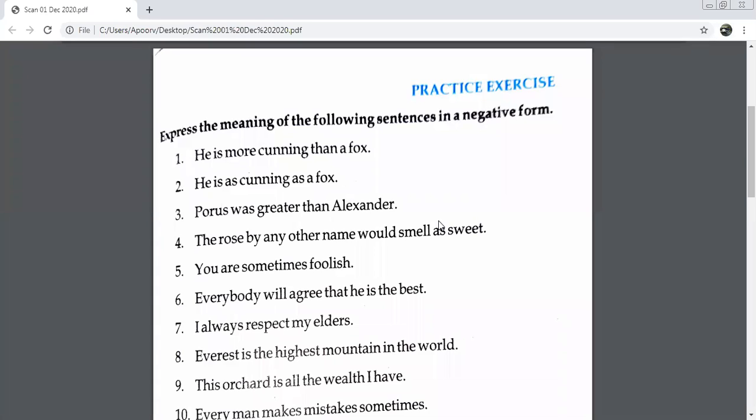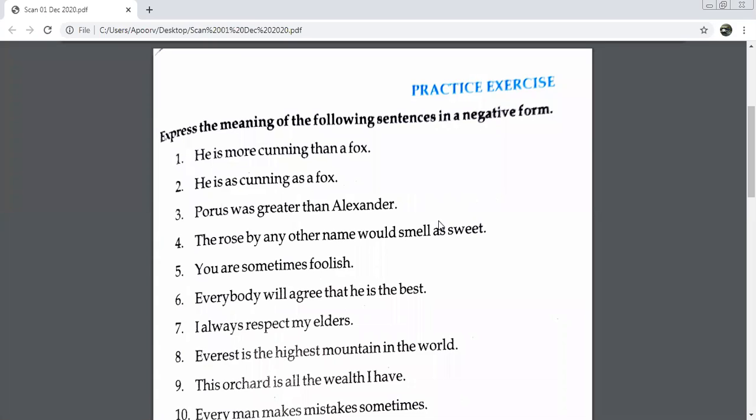From tomorrow, you'll have your regular classes. The pre-boards are about to finish, so your teachers would also be free. Okay, beta? Today you'll have a little haphazard timetable, but otherwise, from tomorrow, you'll again start with your regular classes.